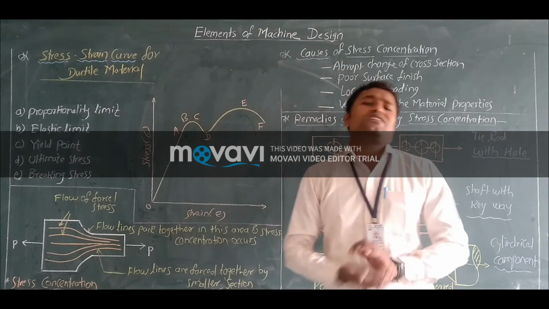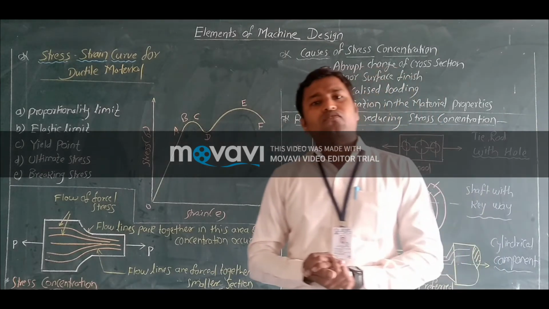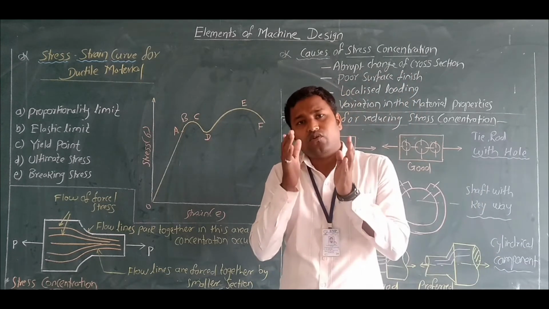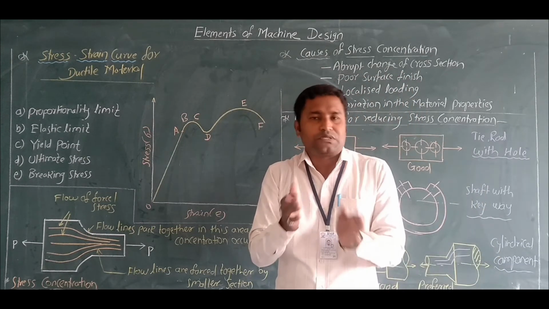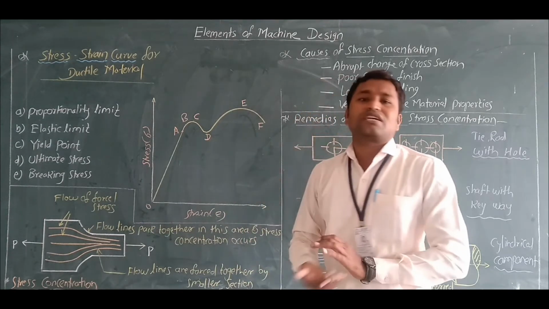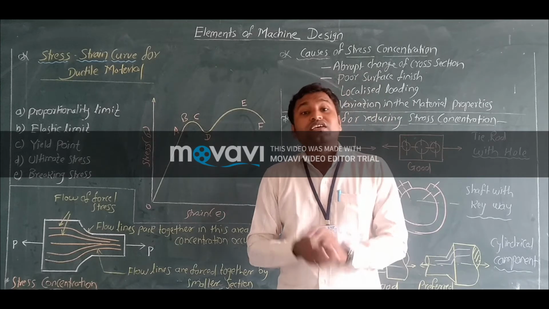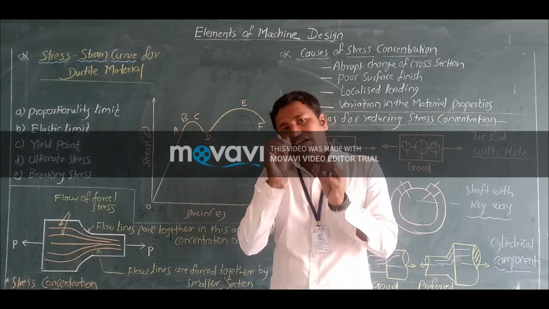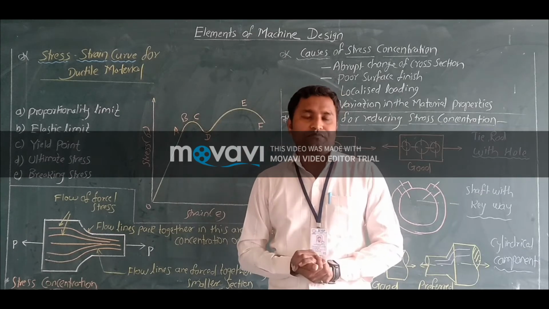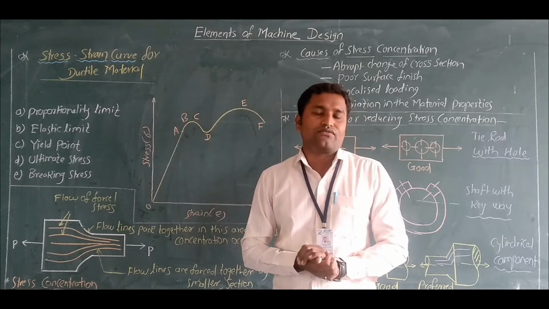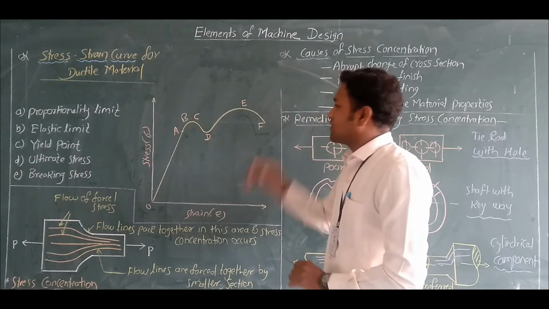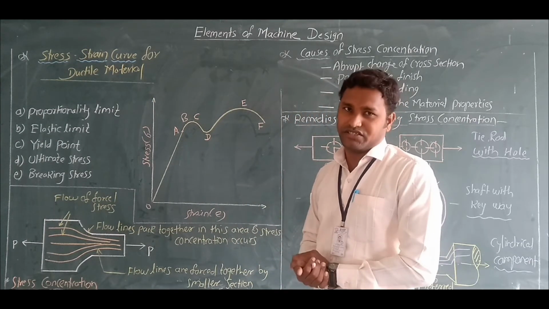When the material is stressed beyond the point E, when the load is applied on that specimen, the material will change its size and shape. It forms a neck at some point, at some dimension. Obviously, it breaks after applying load continuously. That point is called the breaking stress.